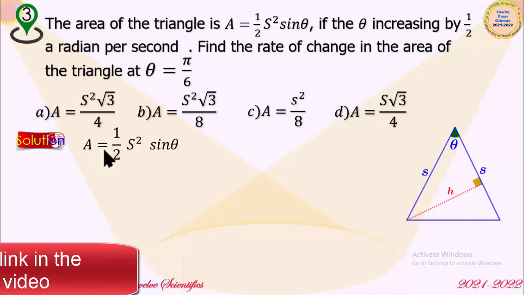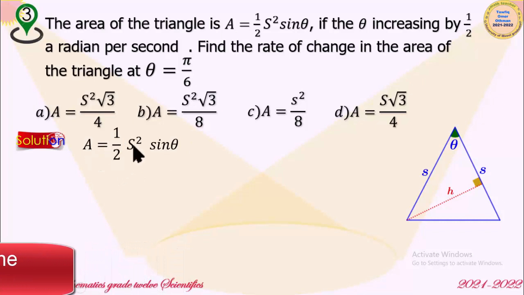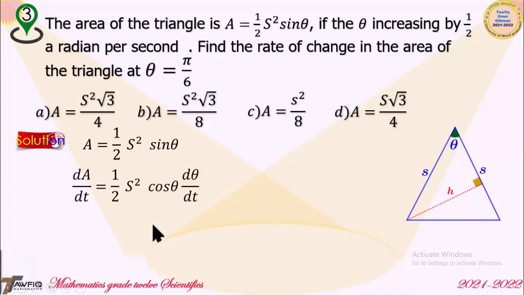Area is equal to 1 over 2 s squared sine theta. Take the derivative with respect to t. Then dA over dt, this is constant and this is constant, right, the same. Then the derivative of sine theta is cosine theta. Because theta is a variable, we multiply by d theta over dt.